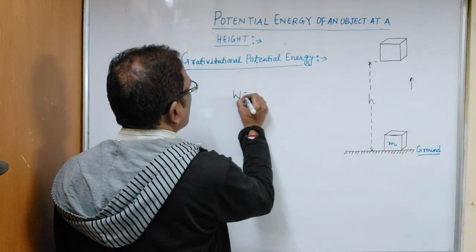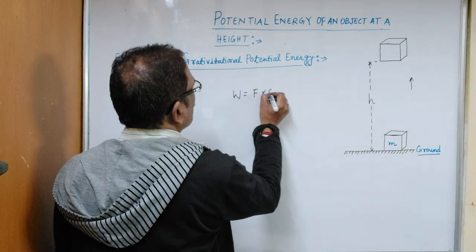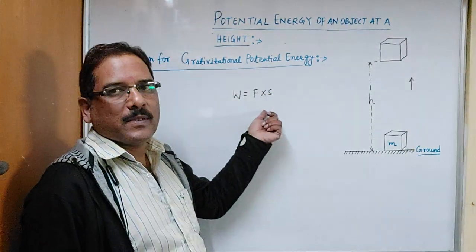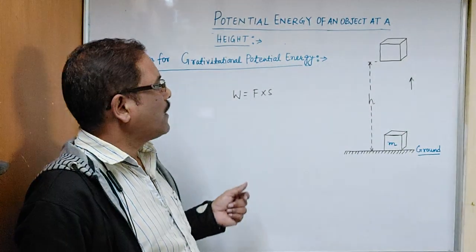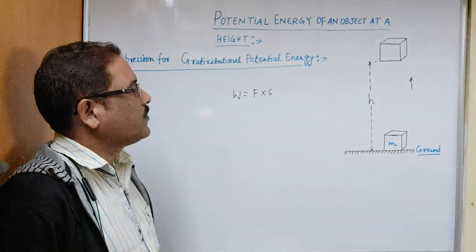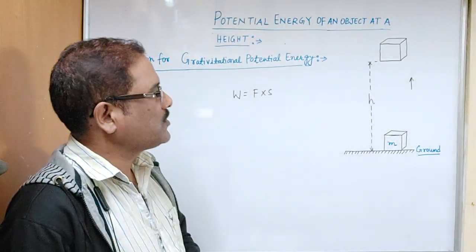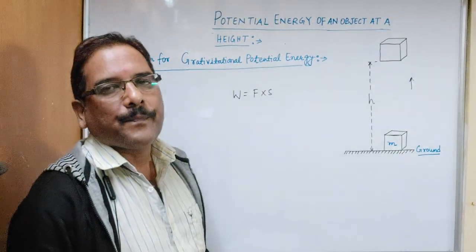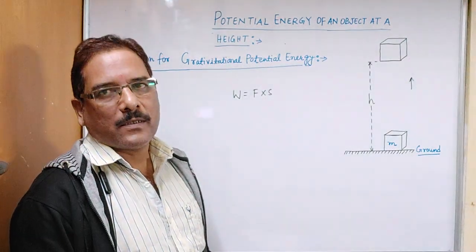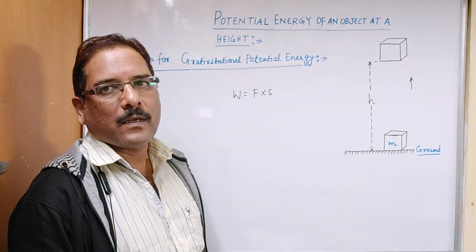As you know, work done is equal to force into displacement. This basic formula we have discussed earlier. Now what is the force and displacement here? How much force are you applying on it? Here the force is the weight of the object, isn't it?